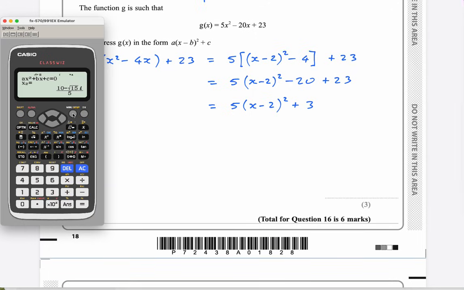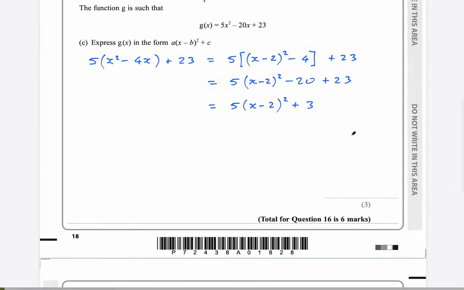Those are the 2 solutions. They don't even exist. They're complex solutions, but this is what I want, 2 and 3. So I can say the minimum is 2, 3.